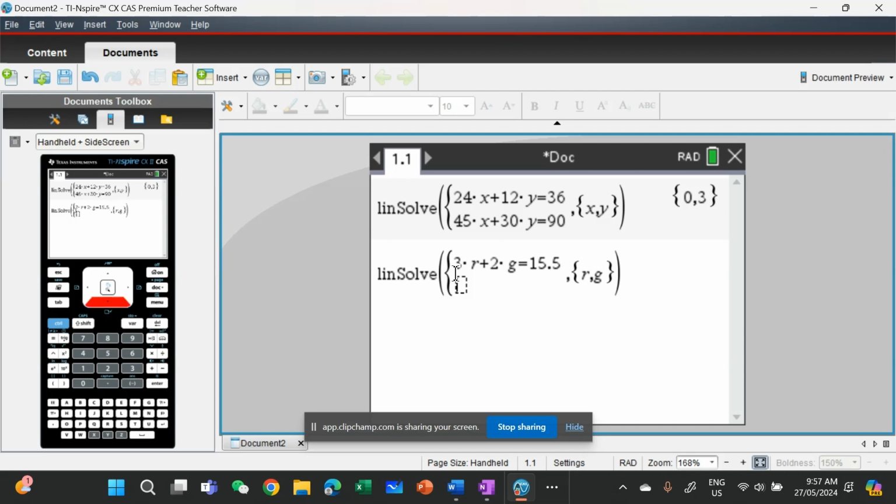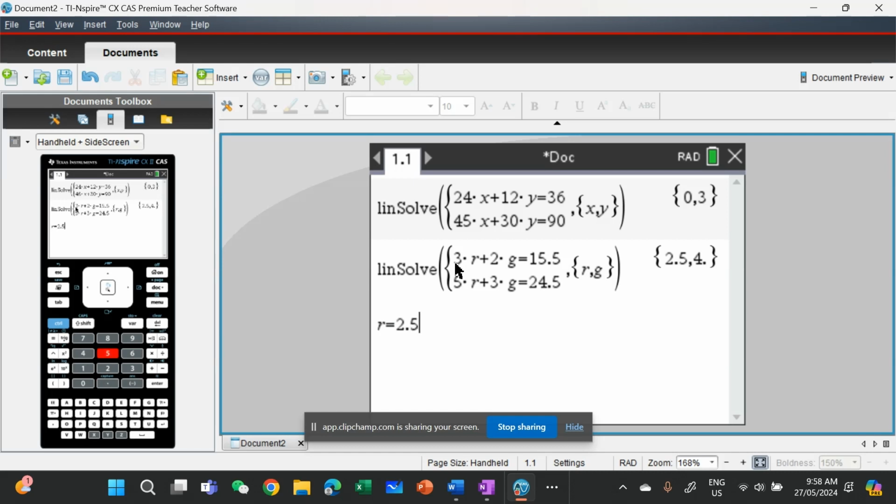equals 15.5. The second one will be 5 multiplied by R plus 3 times G equals 24.5. Press enter. We can say R equals 2.5 and G equals 4.